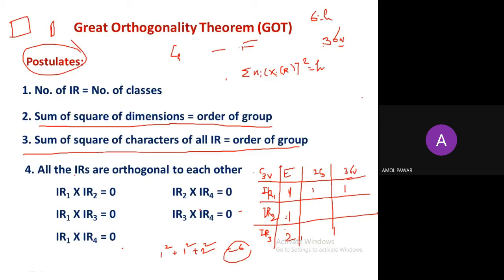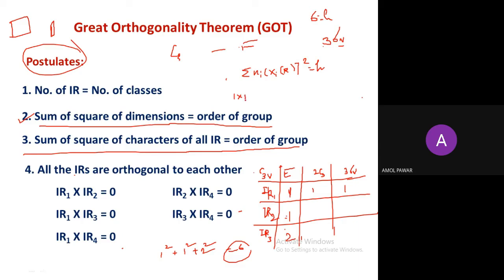Okay. See, now the class E, and the value of IR2 is given here as 1, that we have determined by using the formula, using this second postulate.